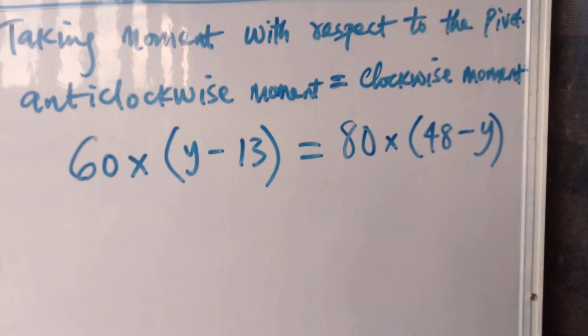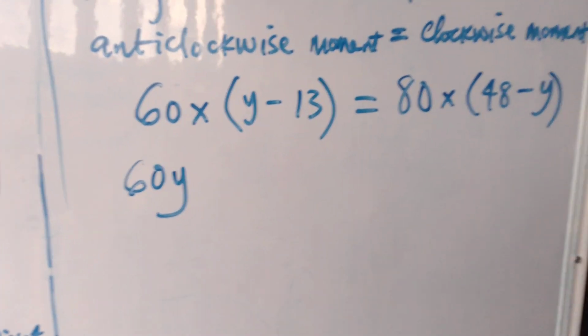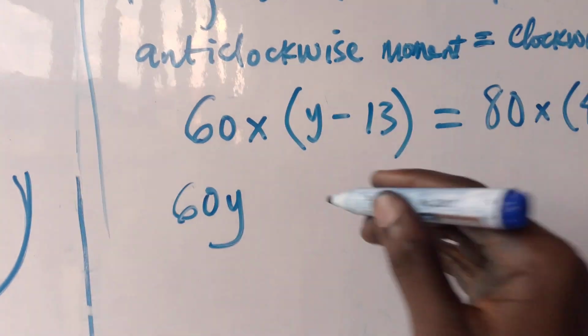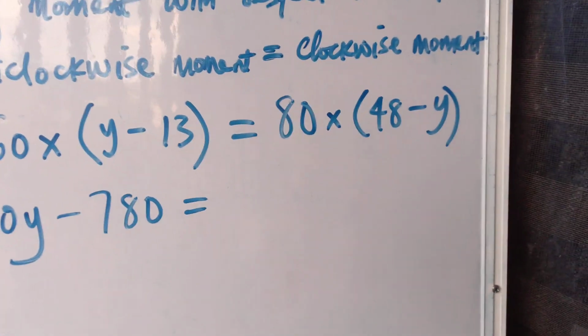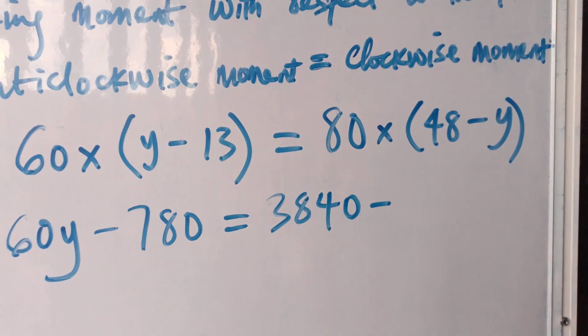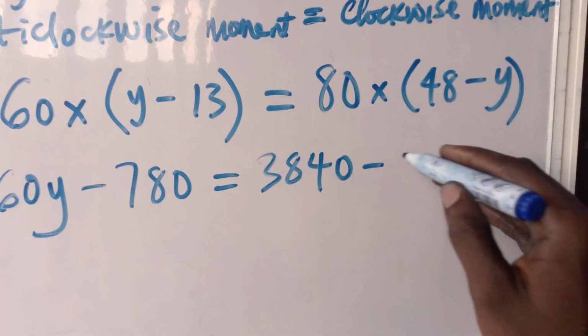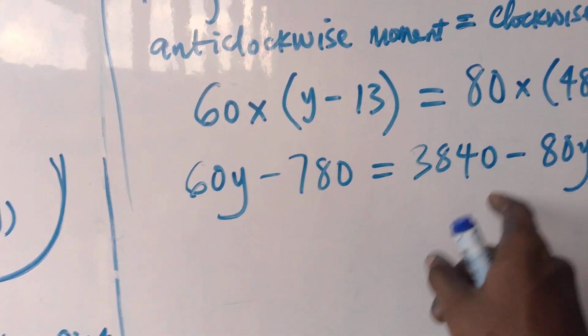Okay, and 60 times y will give me 60y. 60 times minus 13 will give me minus 780, is equals to 80 times 48, that will give me 3840, minus 80 times y gives me 80y. Alright, so I'll carry this over here, then take this one here.